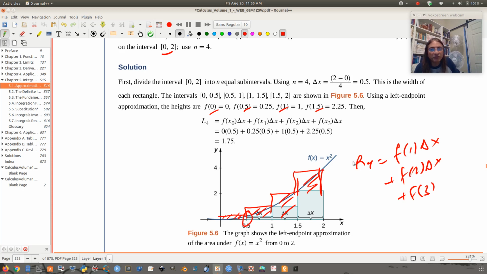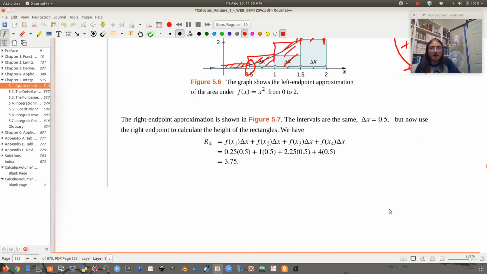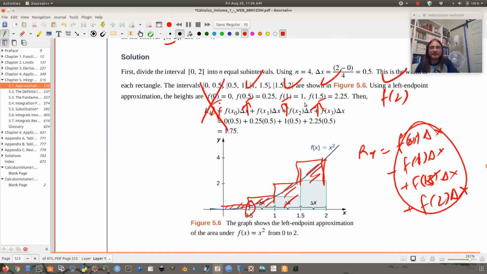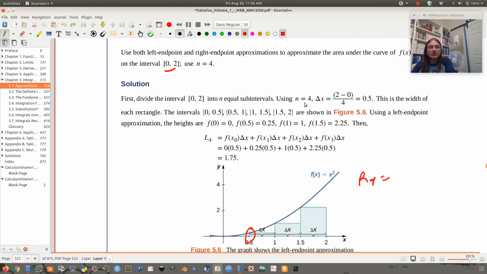Instead of f(0), we add f(2) here. So these are the 4 you take for the right-hand approximation of the area: f of x1, x2, x3, and x4, as compared to f of x0, x1, x2, and x3.